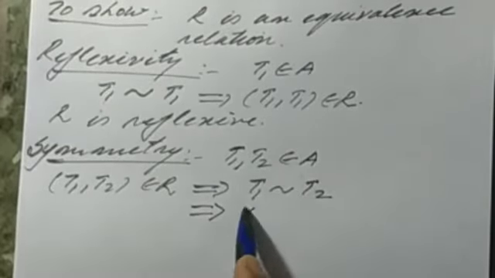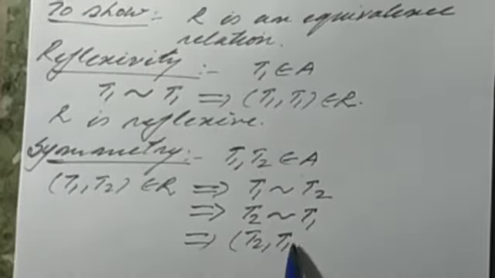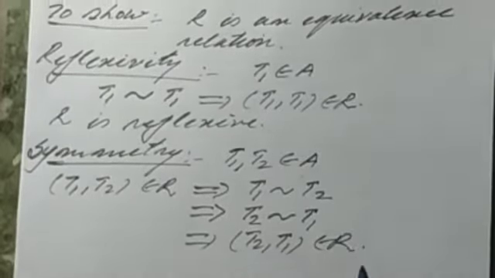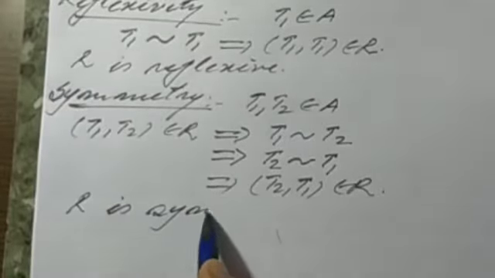It is quite clear that this statement may also be written as T2 is similar to T1. So it implies that (T2, T1) belongs to R. So we have shown if (T1, T2) belongs to R, then (T2, T1) must also belong to R. So in this way, R is a symmetric relation.